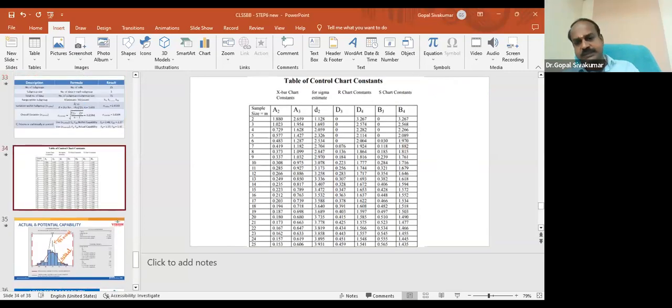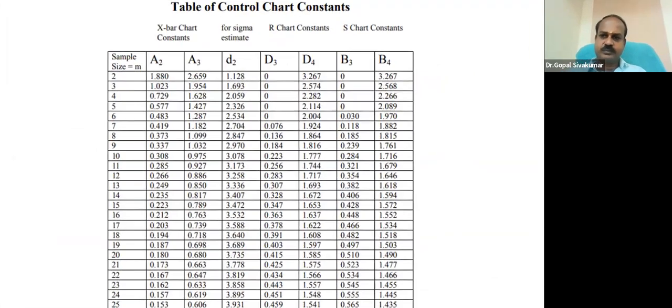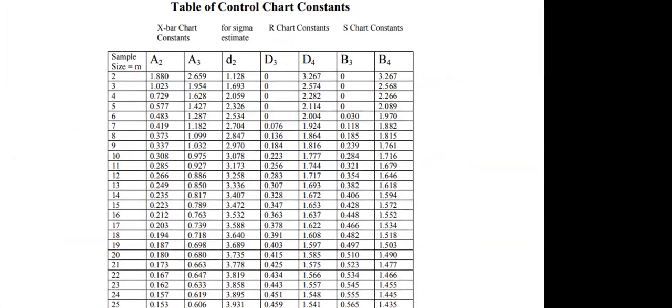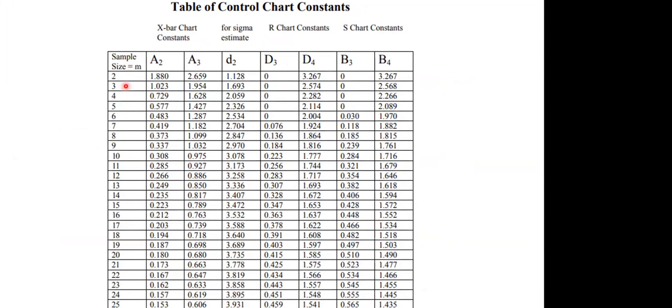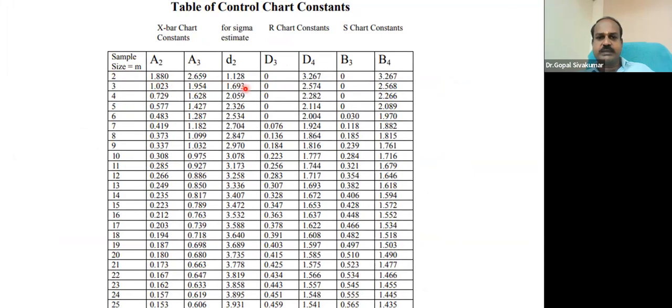Yeah, here is the table. Are you able to see the table? Where is d2? What is your subgroup size? Subgroup size is 5, right? 5 or 3? 3. Okay. And what is d2? 1.693. Okay, got it.